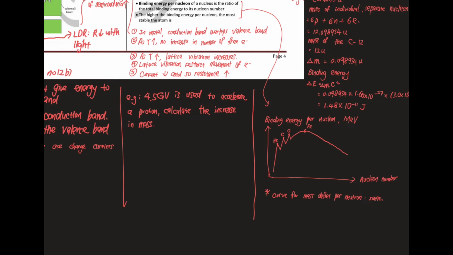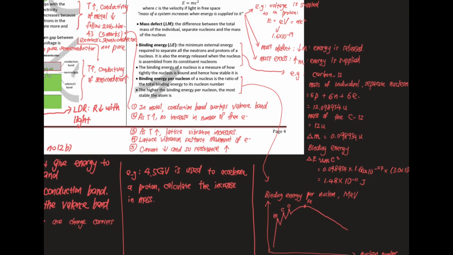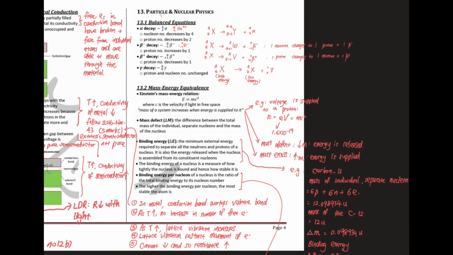This is to understand the statement given on top, where it says that the mass of a system increases when energy is supplied to it. Okay, so let's see the calculation.